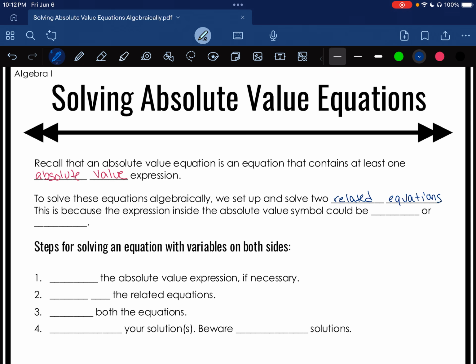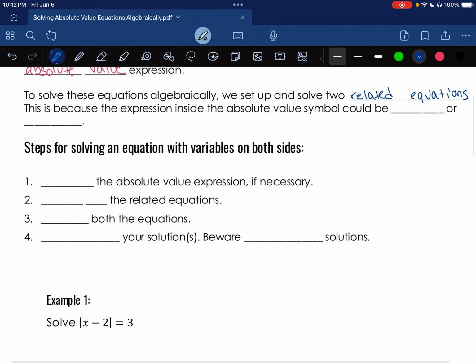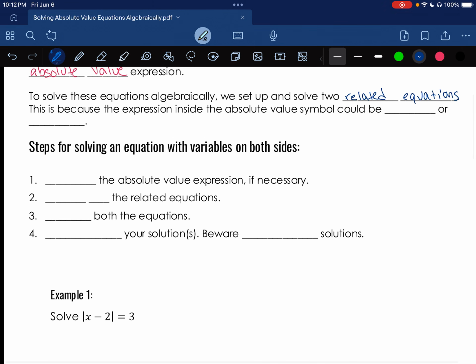And the reason we have to do that is because that expression inside the absolute value symbol, right, it could have been positive, but it also could have been negative, and we don't know because the absolute value, right, is telling us the distance. So what it's equal to is always positive again.